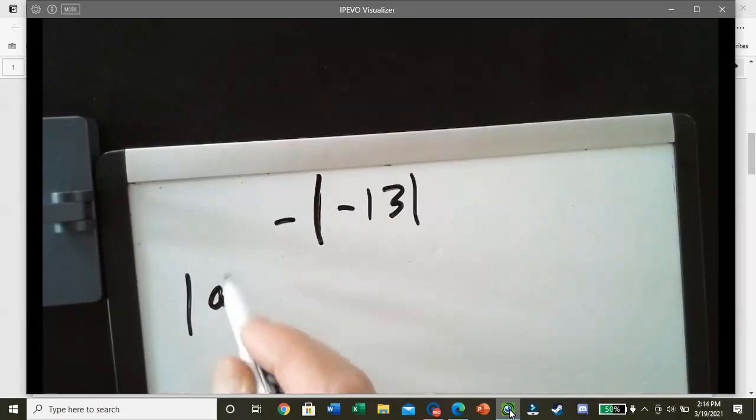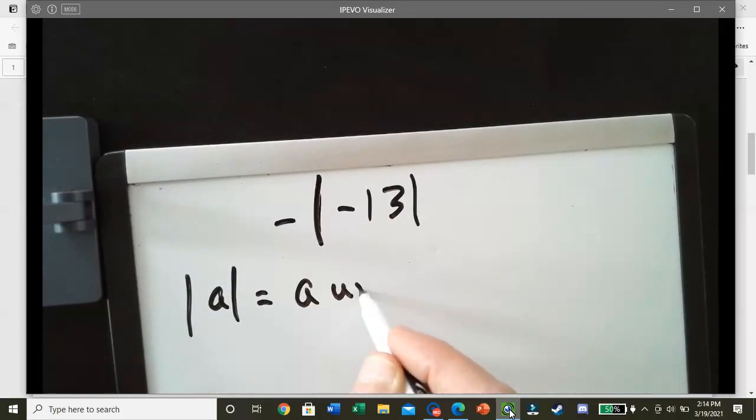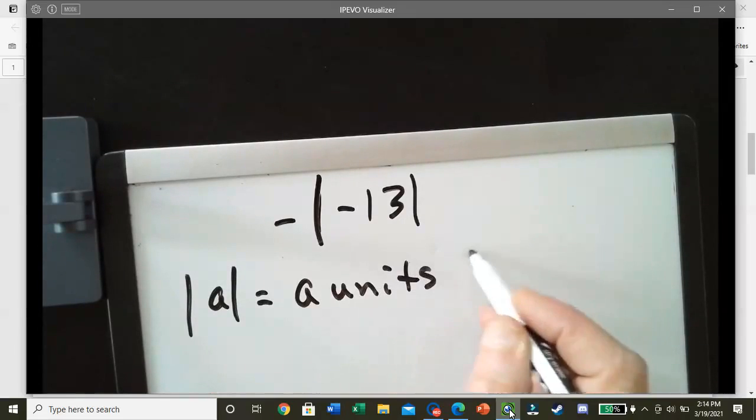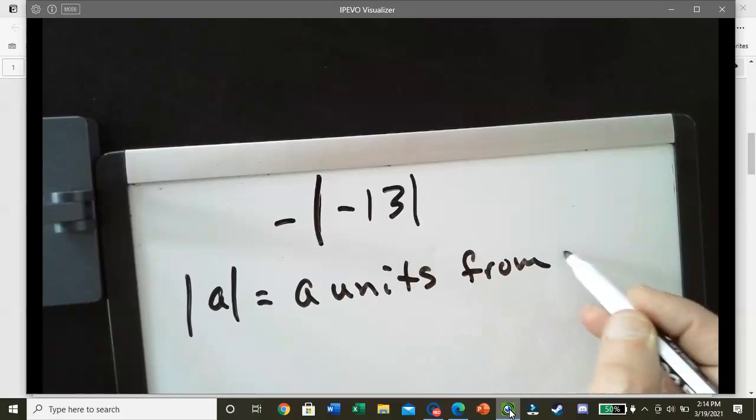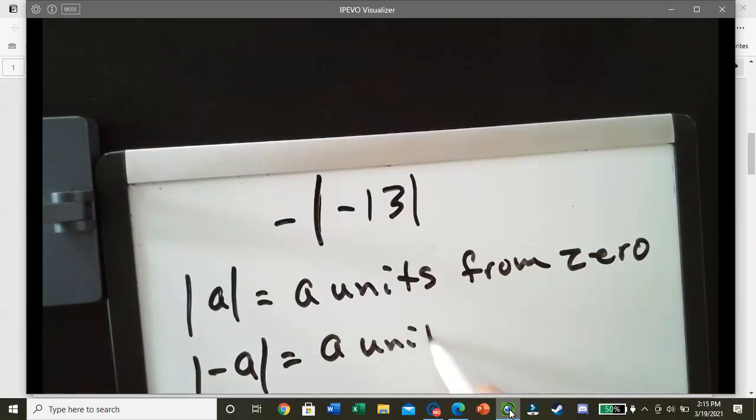Absolute value of A means A units from 0. Absolute value of negative A is still A units from 0.